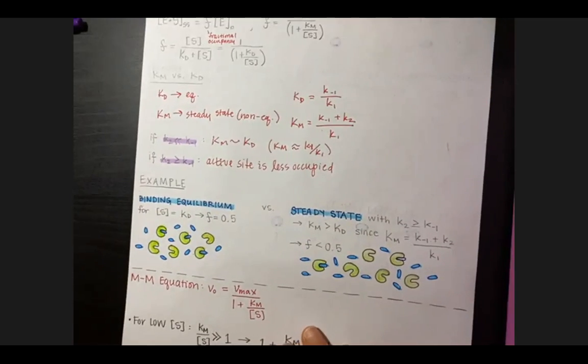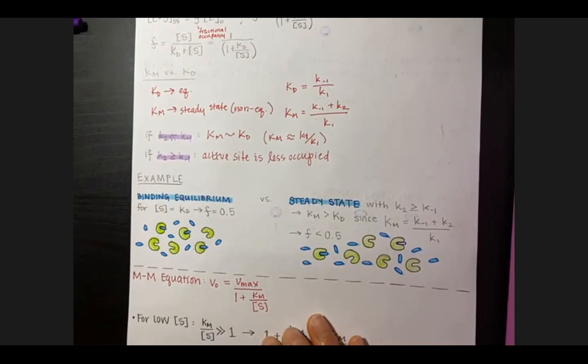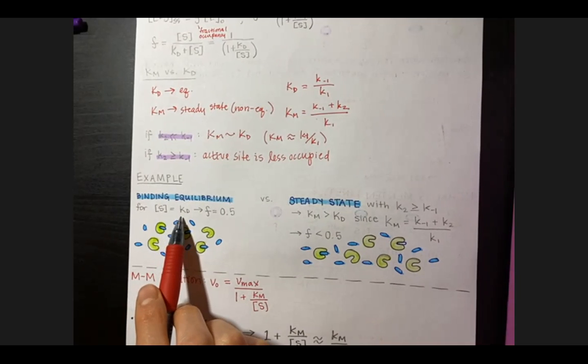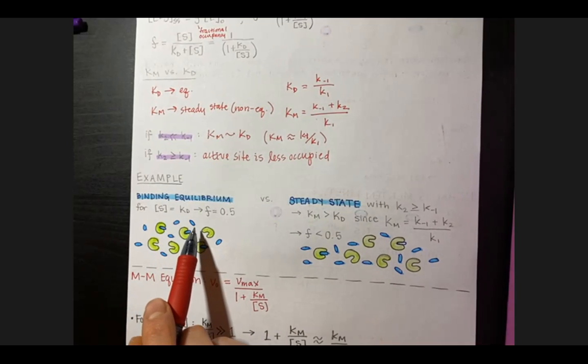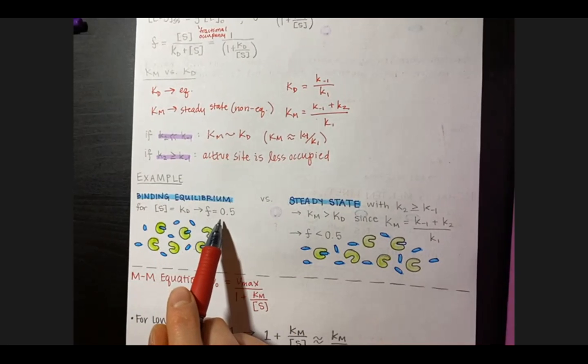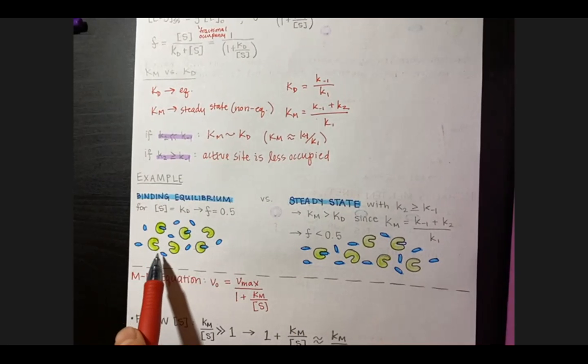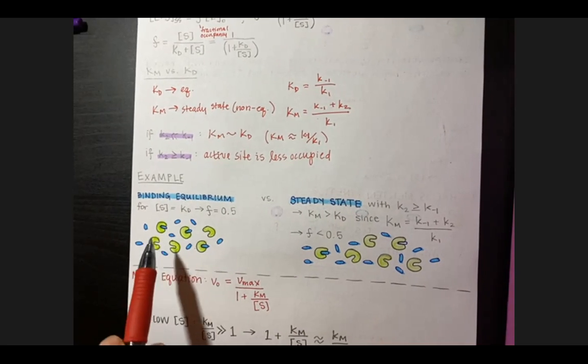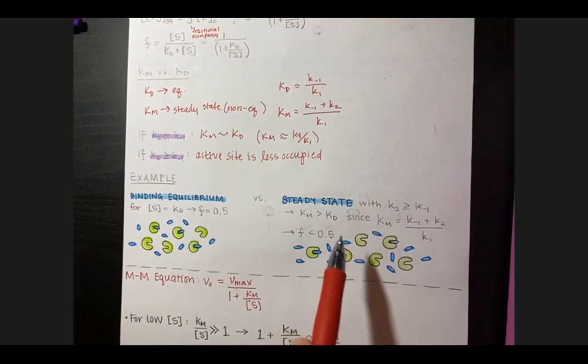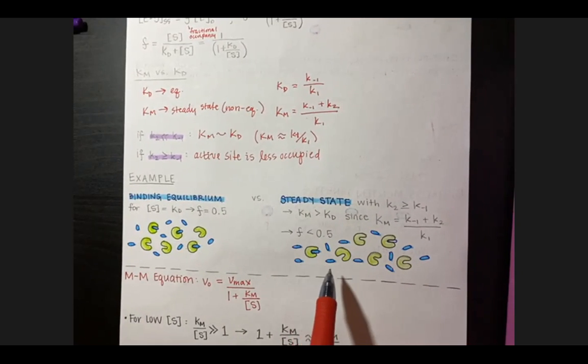To make this clearer with an example, if we look at binding equilibrium for substrate concentration equals Kd, the fractional occupancy is going to be 1/2 because we're not considering product formation here. We're just considering binding. But if we look at steady state, now we're looking at how the enzyme is forming product.